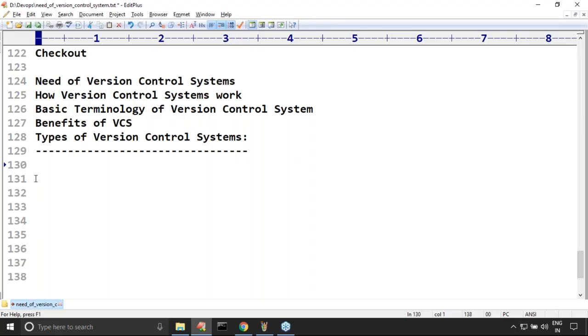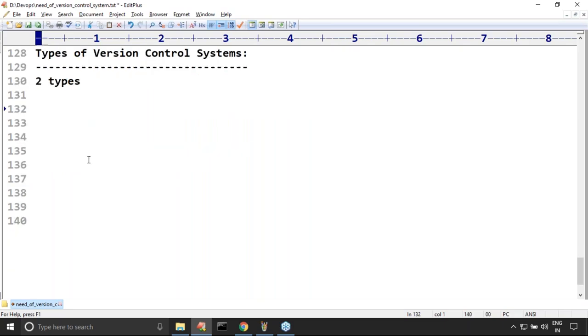Remember this, sir. All version control systems are divided into how many types? Can you please spell out? Respond. How many types? Two types, right? The first one is the centralized version control system.